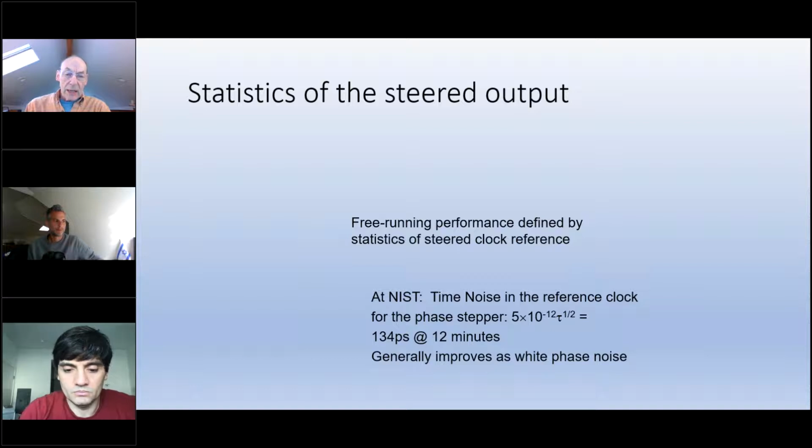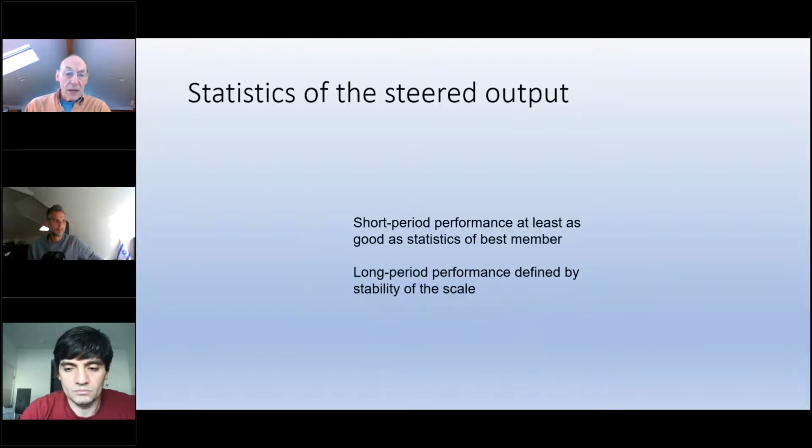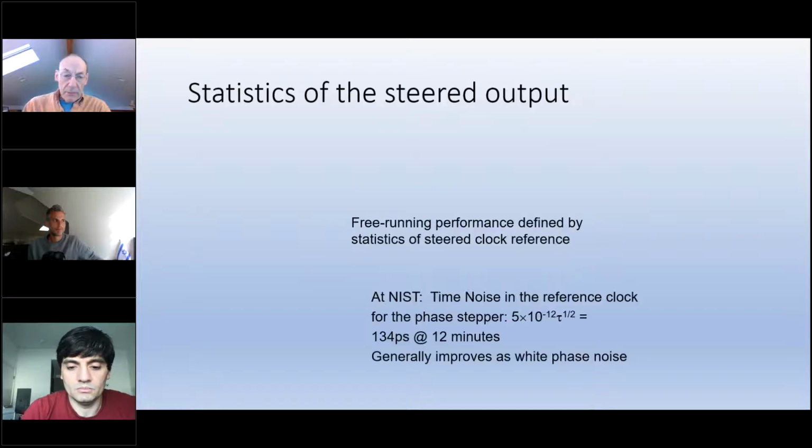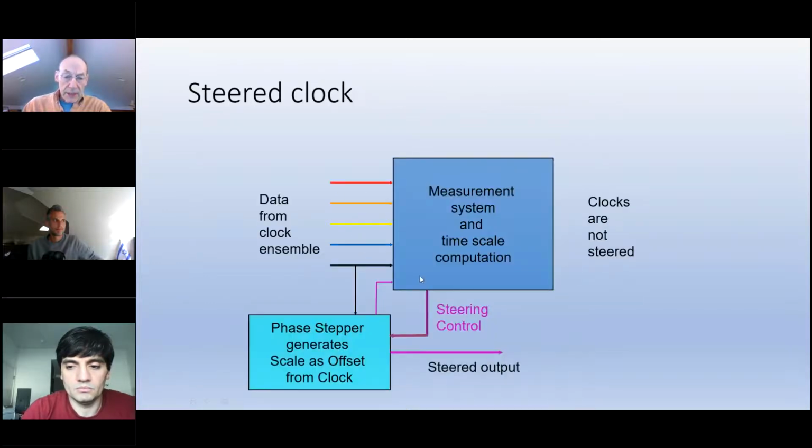I'm going to skip some of this in the interest of time. There are conflicts in how you can steer if you're trying to minimize the time error. Going back to the steering control, the input of each of these is essentially a frequency counted by cycles.